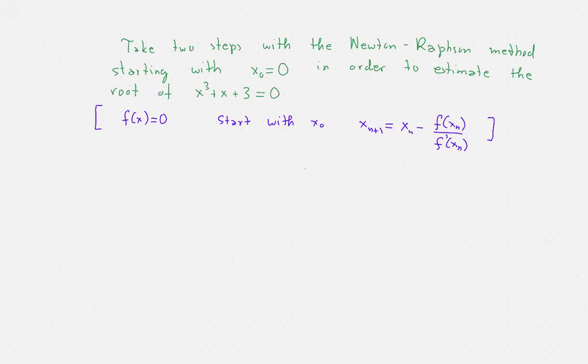So let's solve this. In general, when we use the Newton Raphson method, it's a good idea to actually find the general formula for the Newton Raphson method, simplify it if there is some easy simplification, and then use it for all of our steps.